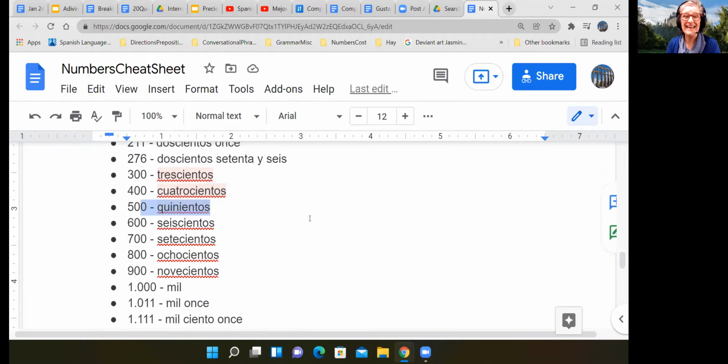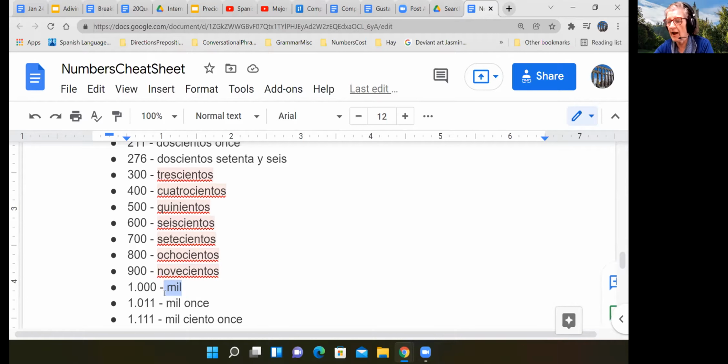It looks like the quin of quince, 15. 500. 500 is the oddball in the hundreds group. 500, okay, vale? But then we go back to nice patterns. 600, 600s, right? 700, 700s. 800, 800s. 900, 900s, like 90 was 90, 900 is 900.